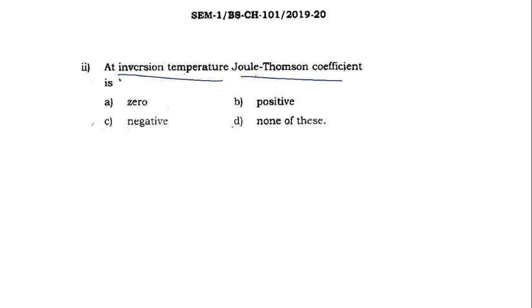And the Joule-Thomson coefficient changes its sign at that temperature, from negative to positive. Okay, it is denoted like this, you will find it in the book. So at inversion temperature it changes sign, that means it is 0 at inversion temperature, right? So just use your common sense also, then you can attend all the questions.